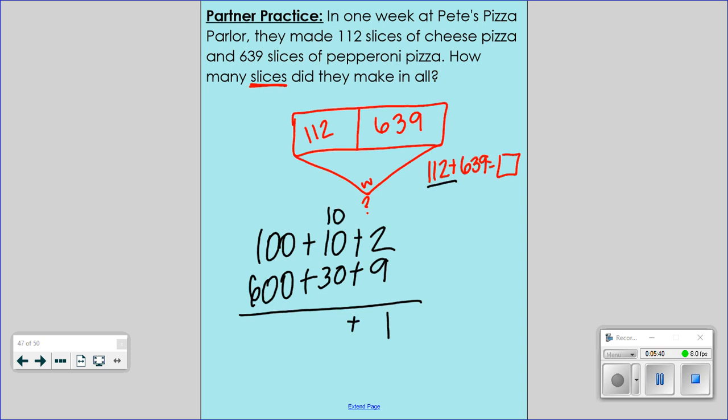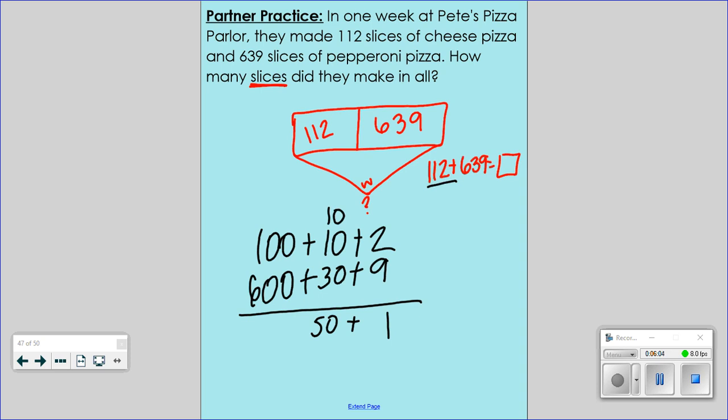Alright, let's keep going. 10 plus 10 plus 30. Start at 30, skip count on by 10, so 30, 40, 50. My total is 50. Autumn, do I have enough to make a trade at 50?